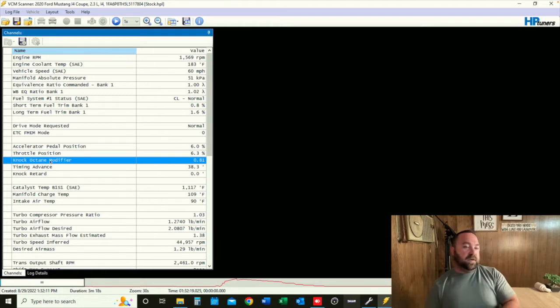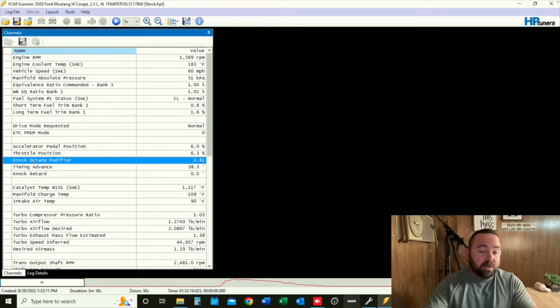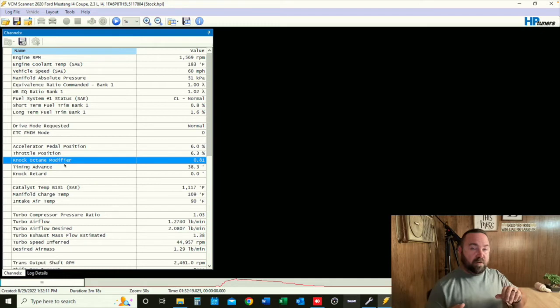This one's a curious one here, this knock octane modifier. This is one you want to keep an eye on because the knock octane modifier switches around a couple of tables or tweaks them to limit or allow a certain amount of engine load, which will manipulate spark and boost levels or airflow.